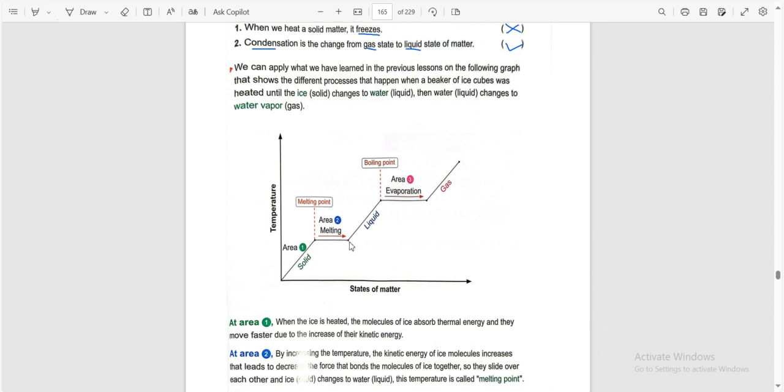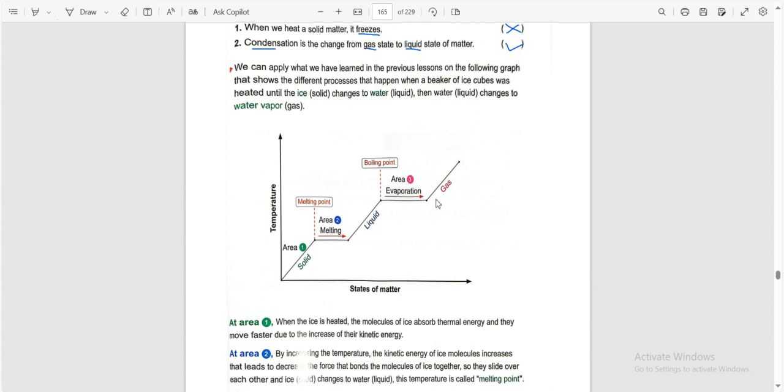Once it's molten, we can see that it's become liquid. And as we increase the temperature one more time, the liquid becomes more gas. So the liquid is heated until it reaches the boiling point, which is a certain temperature. And it takes some time to evaporate, and this is what we call the area of evaporation, until it becomes gas.